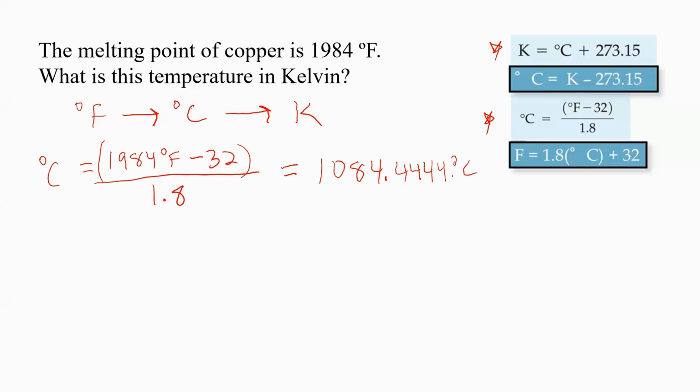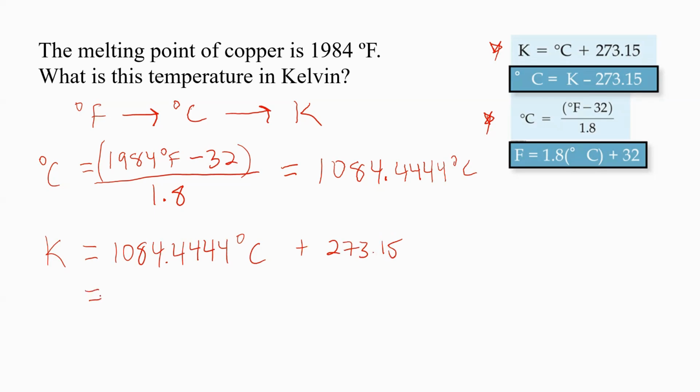So now that we have our temperature in Celsius, we can now convert it to Kelvin. So we're going to take our temperature in Celsius, which is 1084.444 degrees Celsius, and then we're going to add that to 273.15 according to that equation that is given.